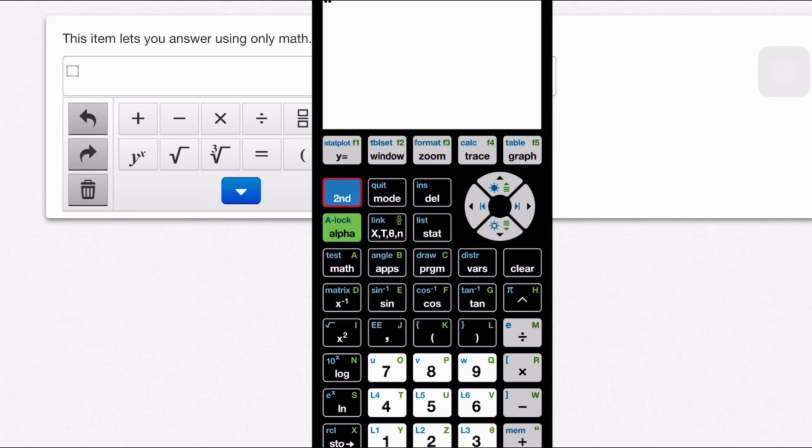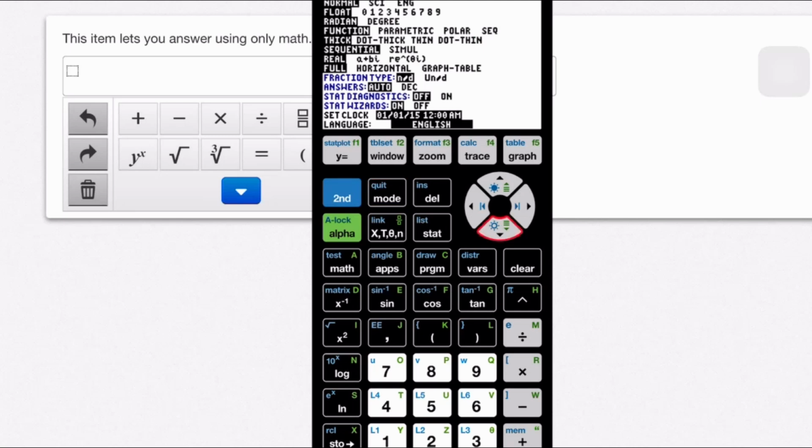Let's say if you are looking for sequence and table, we need to change the mode to sequence. Technically you don't need to change the mode, you can just let it be.